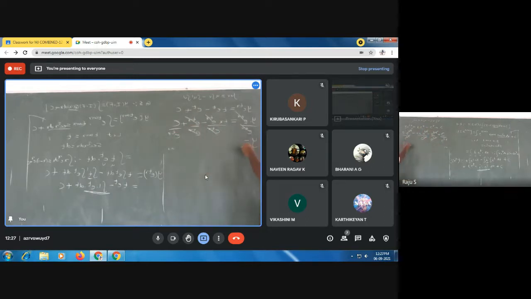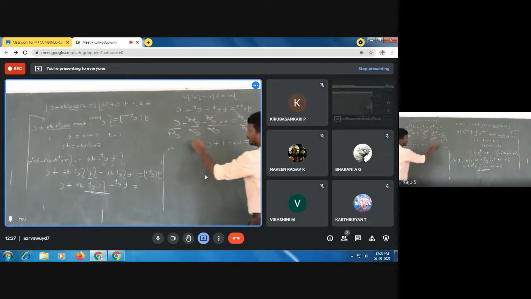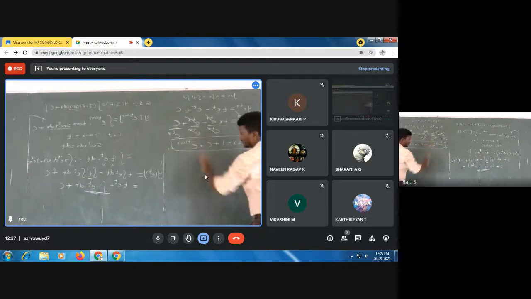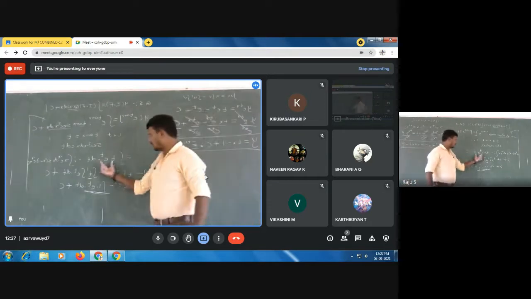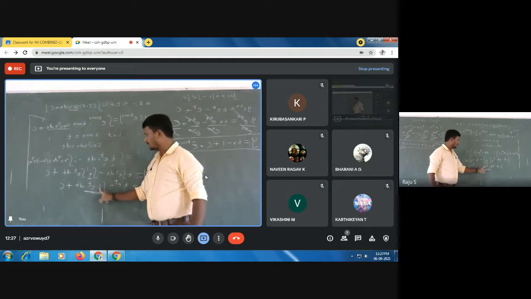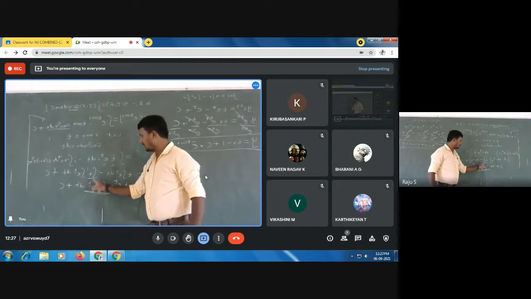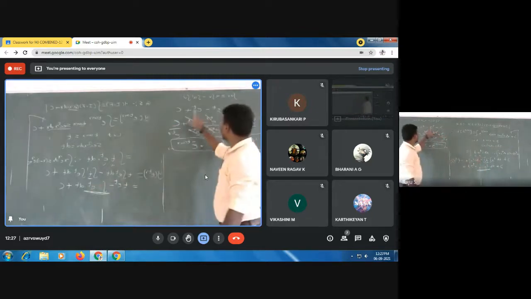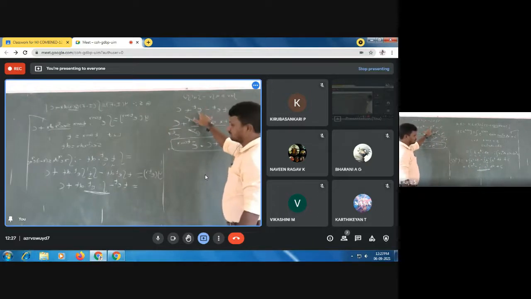Y is equal to tan x minus 1 plus c e to the power of minus tan x. Once again I apply UV rule: u integral v minus u dash integral v. t derivative is 1. Integral e power t is e power t. Again one more integral is there. Again e power t. 1 into e power t, e power t. E power t is e power t.